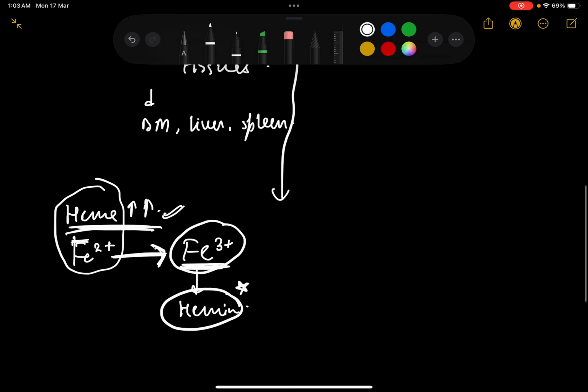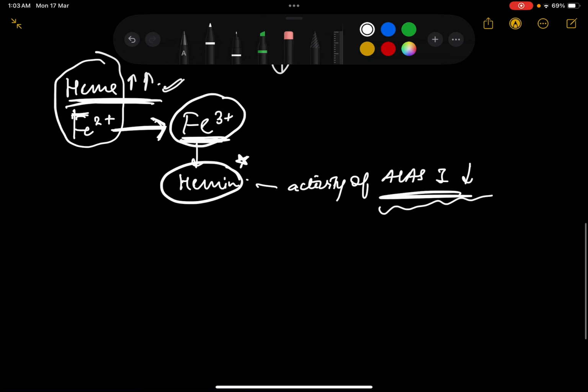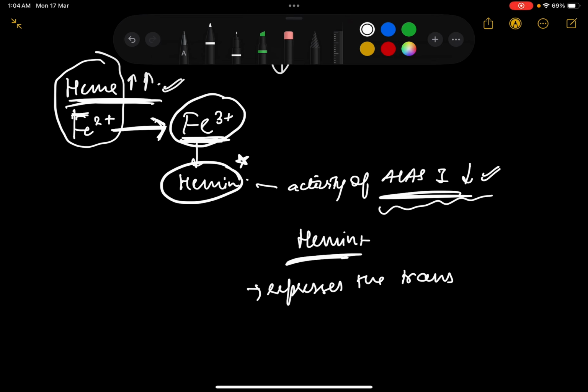As hemin is produced, the activity of ALA synthase 1 decreases. Now, why does the activity of ALA synthase 1 decrease? This is because hemin represses the transcription of the gene for ALA synthase 1.